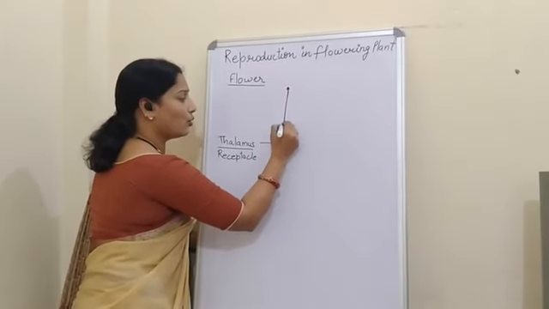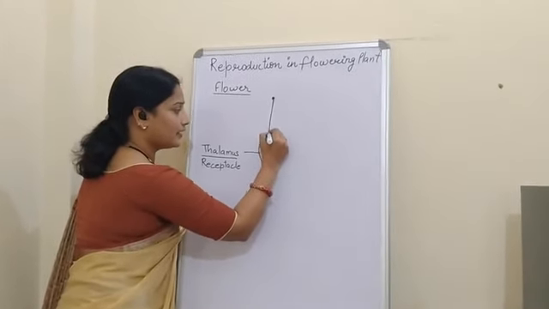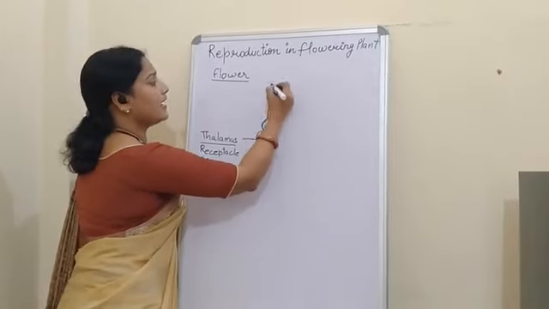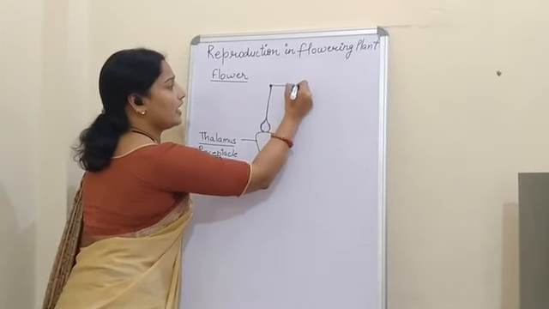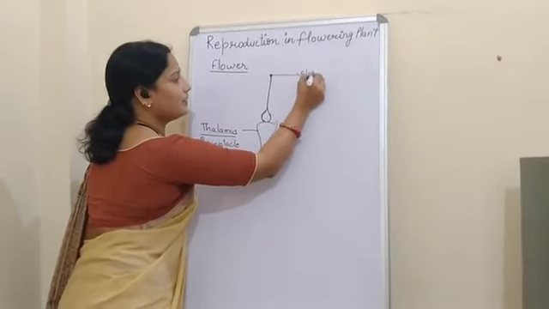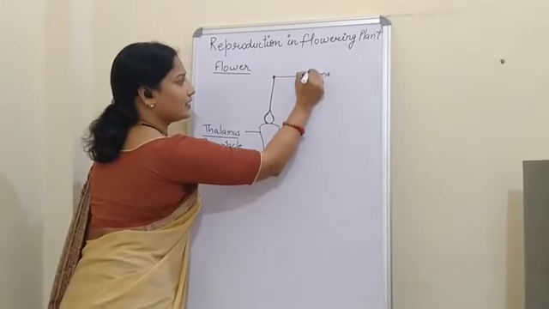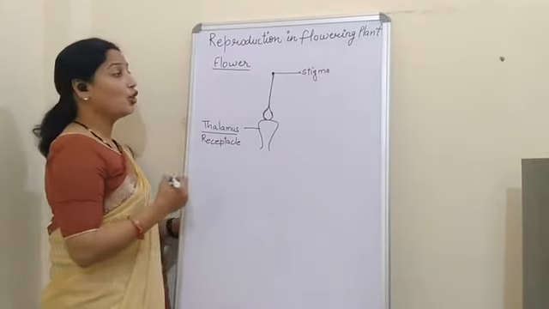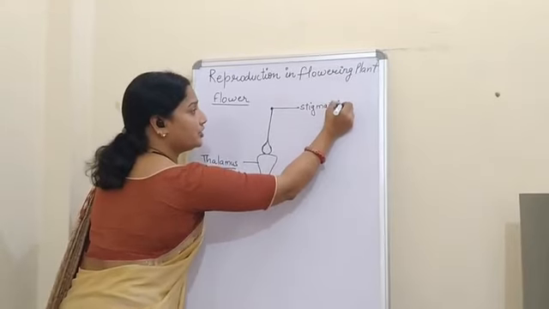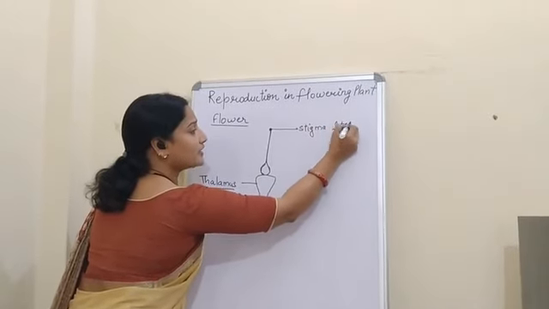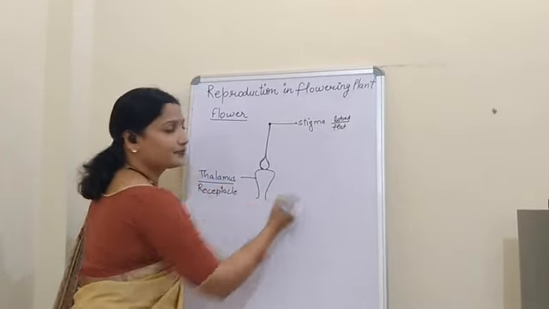Now, this ovary has a structure called the stigma. The stigma can be of lobed shape or it can be flat.